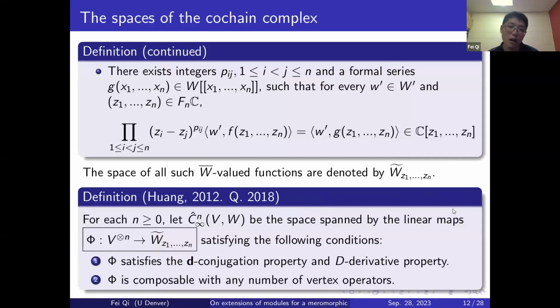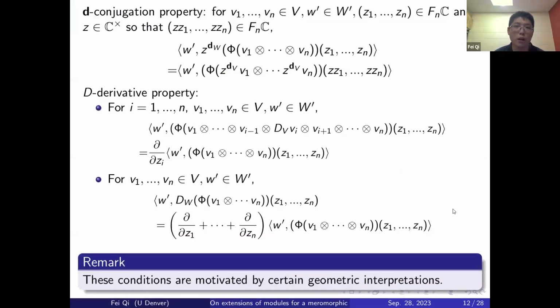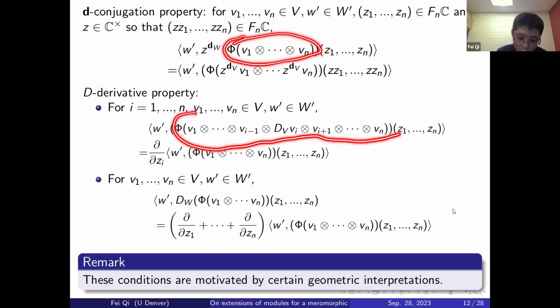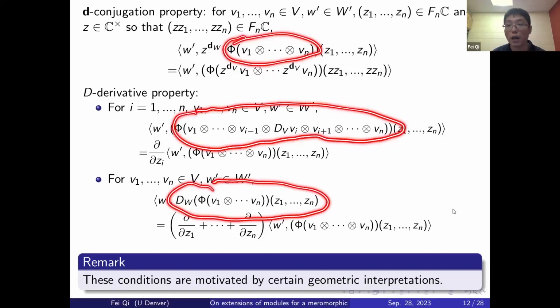The first class of conditions is the following. First, it satisfies certain D-conjugation property and D-derivative property. I don't think I want to explain these properties in greater detail, but basically they mean we are only choosing linear maps that behave well with respect to the lower-case d and capital D operators, so L0 and L-1.